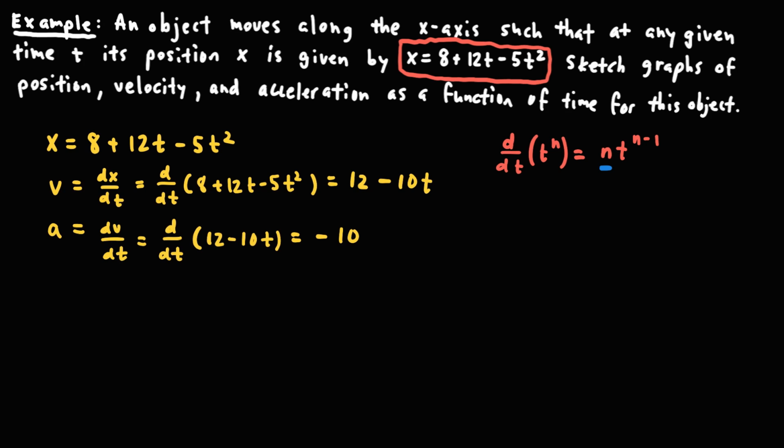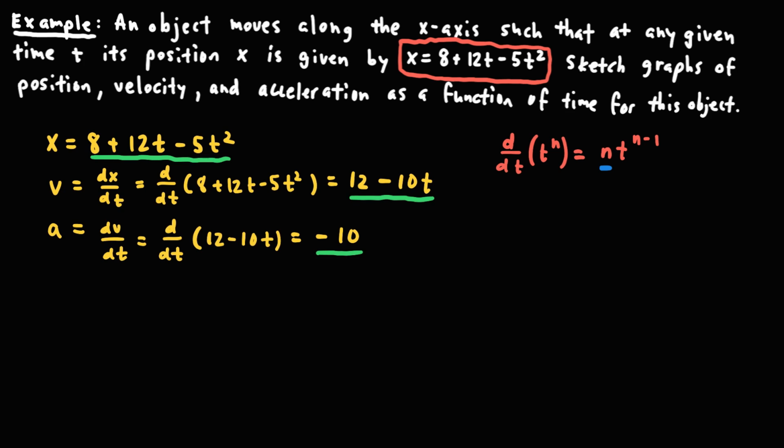And so the equation that describes the acceleration is minus 10. The equation that describes the velocity is 12 minus 10t. And the equation that describes the position is 8 plus 12t minus 5t squared. And those three equations alone should allow us to determine what these graphs of position, velocity, and acceleration will look like.